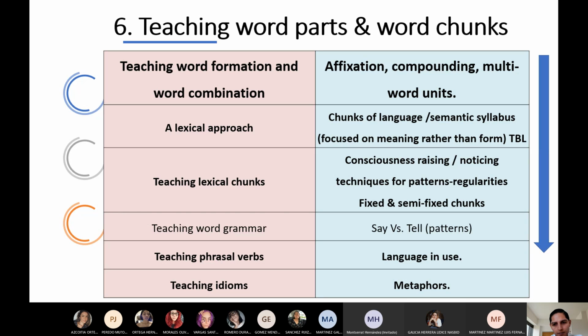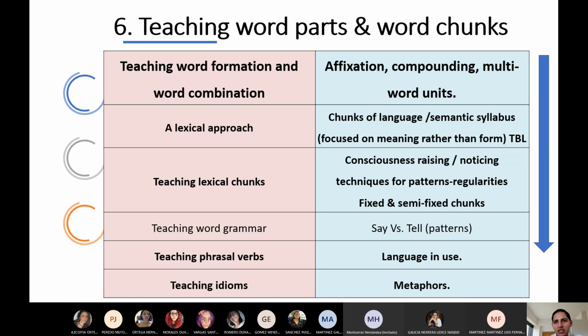Teaching word grammar. An example could be how to teach two similar verbs such as say and tell. They follow different patterns. Okay, say plus that, or tell object pronoun to.